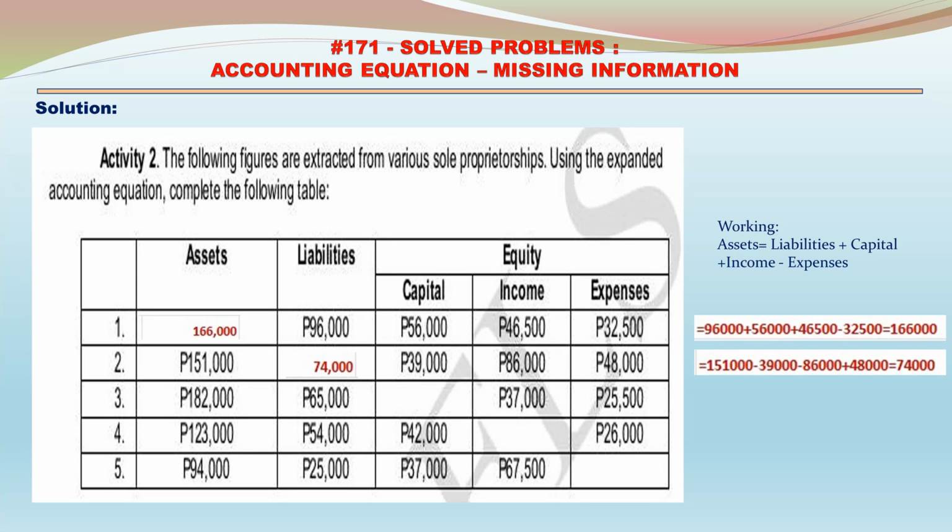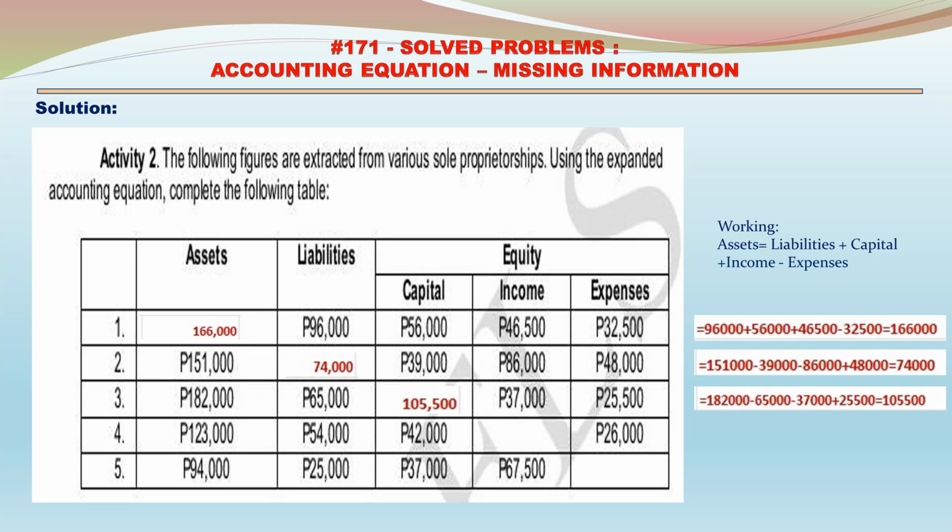Proprietorship 2. Assets 151,000, liabilities dash, equity 39,000, capital, 86,000 is the income, 48,000 is the expenses. Therefore, the liabilities are 151,000 minus 39,000 minus 86,000 plus 48,000, 74,000 is the liability. Proprietorship 3.